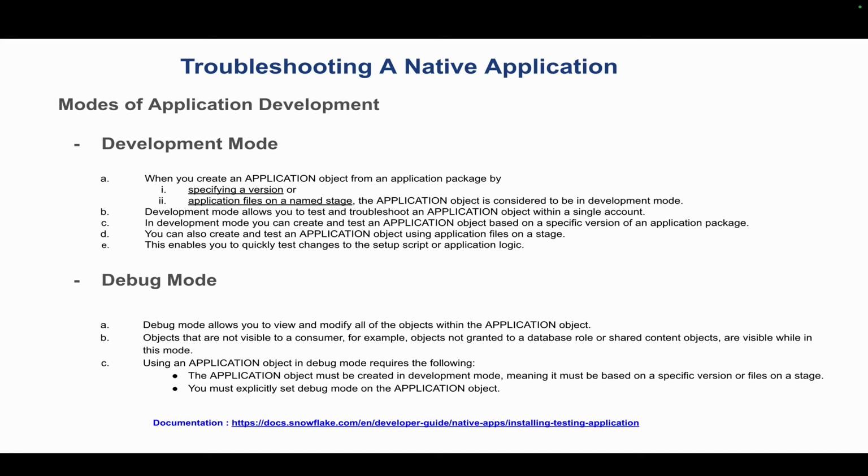And once you create an application in development mode, you can switch between the development mode and the debug mode from Snowsight using a particular command, and we will see all of it in action. At this point in time, if things are a little gray, which I believe they are, please hold on. I'm going to make everything clear once we do the hands-on.